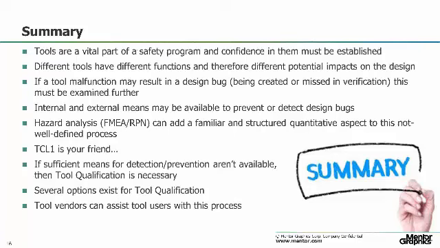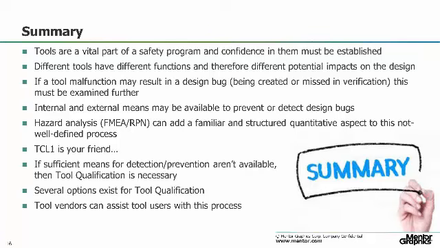So just as a summary, tools are a vital part of any design process, and as for ISO 26262, are a key part of the overall safety program, and confidence has to be established. You have to take an approach for each tool used in the process, looking at whether it can result in a design bug, either being created or missed in verification.